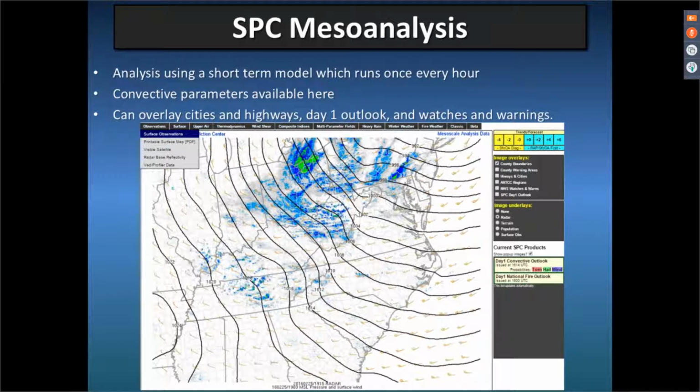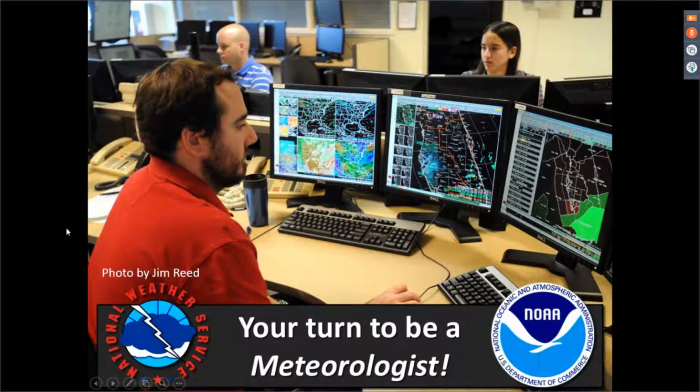And you can zoom in to the different sections of the country and see things like CAPE and wind shear and how cold is it in the mid-levels and all sorts of different types of meteorological parameters, and you can overlay them on top of each other, and it really gives you a good idea what areas could see severe thunderstorms, what areas could see tornadoes, what areas could see heavy snow, what areas could see flooding. They've just got pretty much everything there on their website. So again, I encourage you to check that out.